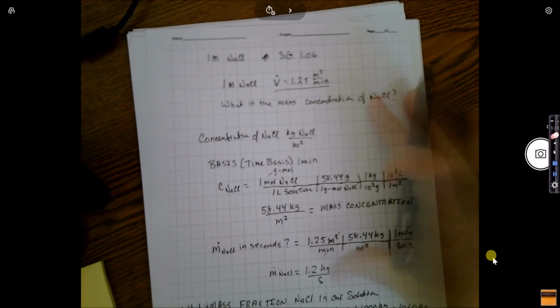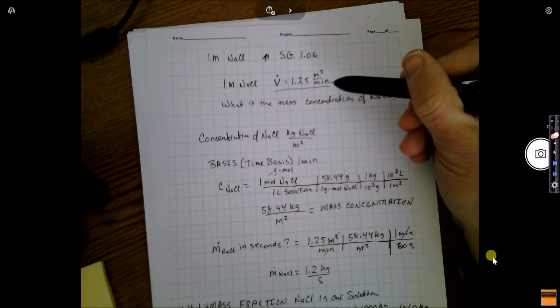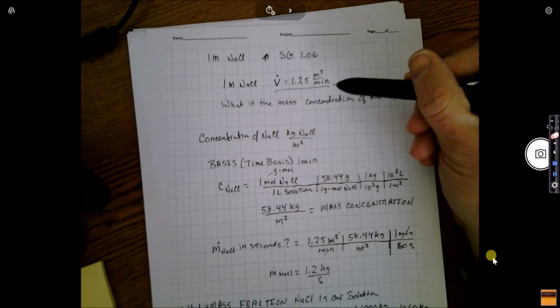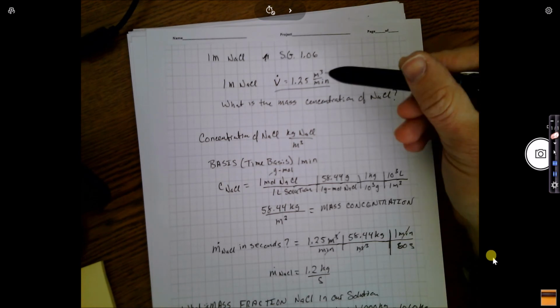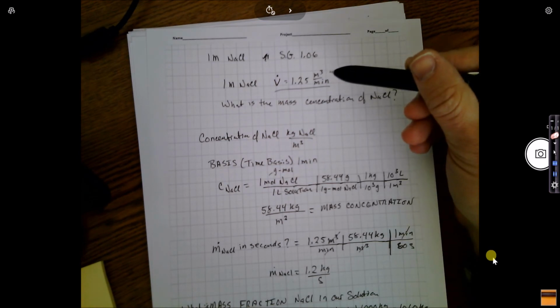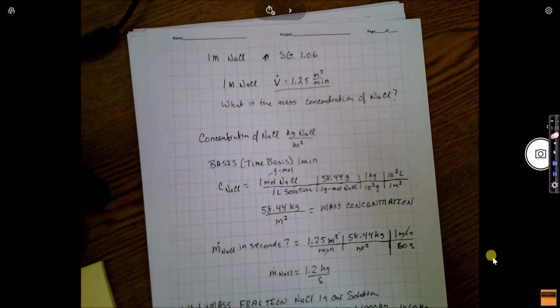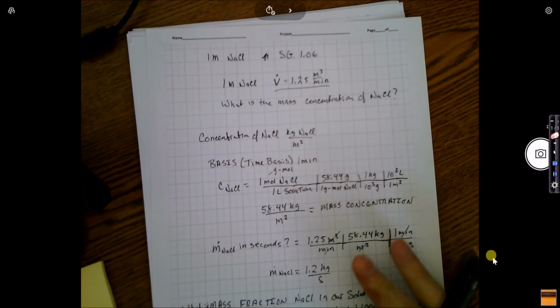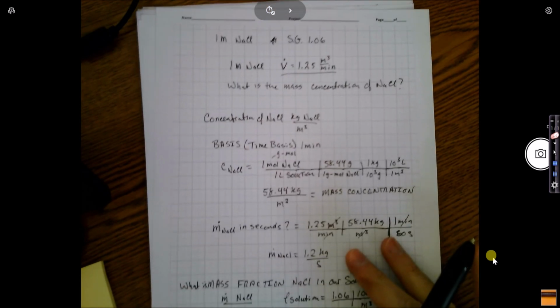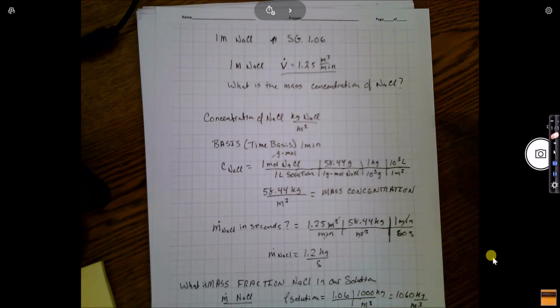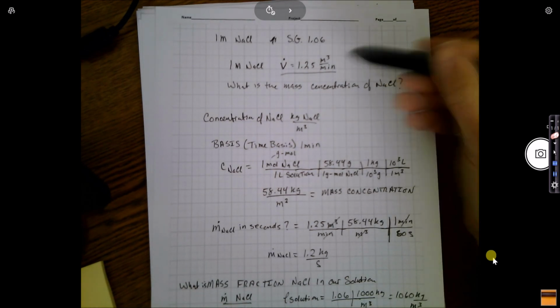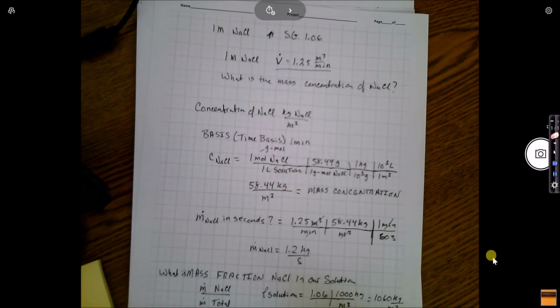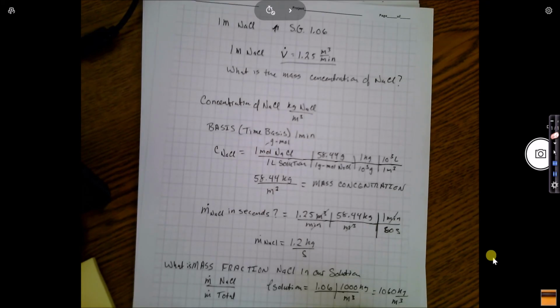We were given a volumetric flow rate of our solution, so we have to convert that to a mass flow rate. To do that, we use our old friend density, which we just calculated from specific gravity. We use specific gravity instead of just saying grams per centimeters cubed because we're dealing with cubic meters. So we used our reference density of 1,000 kilograms per meters cubed for water to get where we're trying to get to.